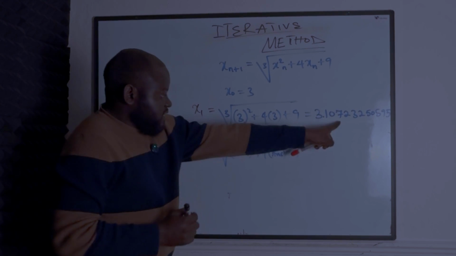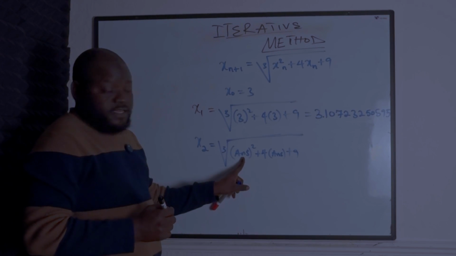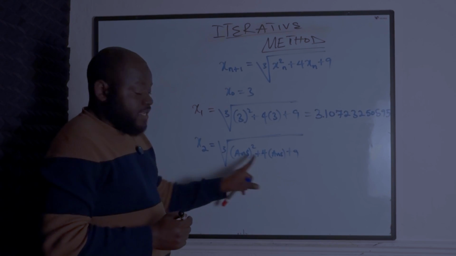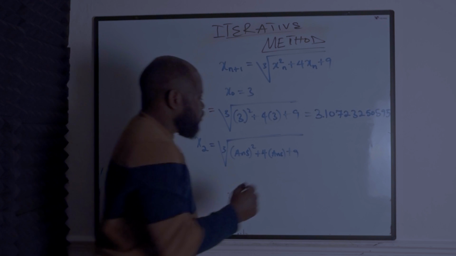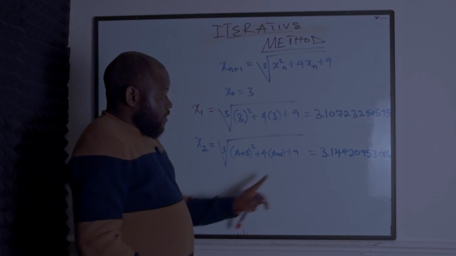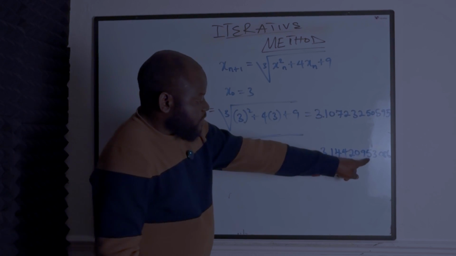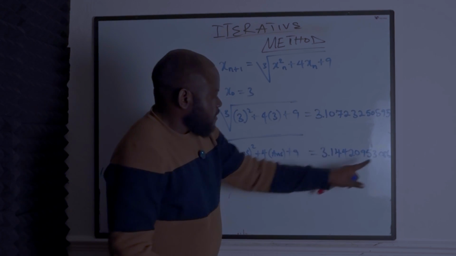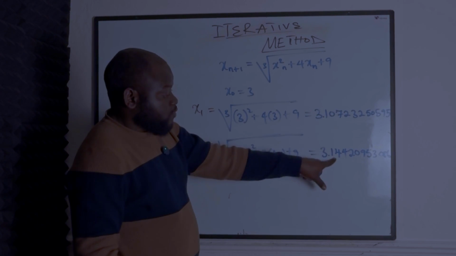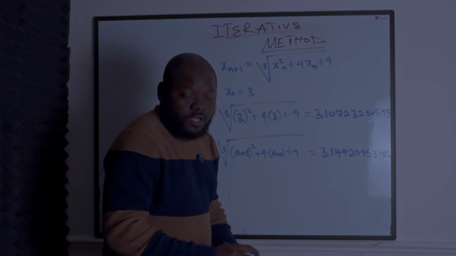So this answer is what we have inside here. It's too long for us to write it, that's why I put answer inside the bracket. I hope you get that. So if you do, this is equal to 3.14420953086. This one does not equal this one, right? Even if we round up to 2 decimal places, that means we need to go to the third one now.